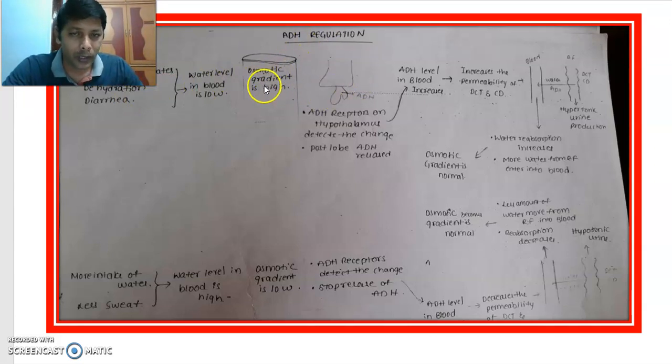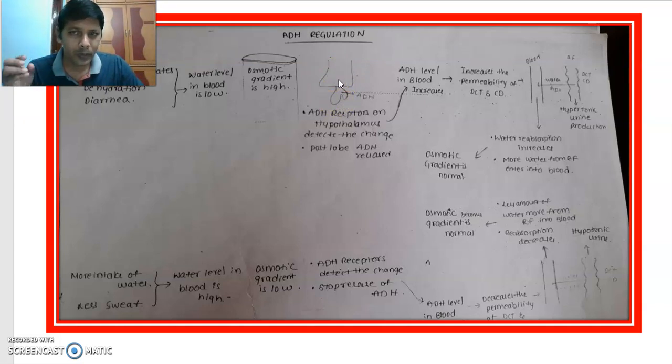When the osmotic gradient becomes high, there are osmoreceptors, I told you in the previous part 22. Osmoreceptors are there in the hypothalamus, which can detect this change. This is the pituitary gland. This is the hypothalamus.